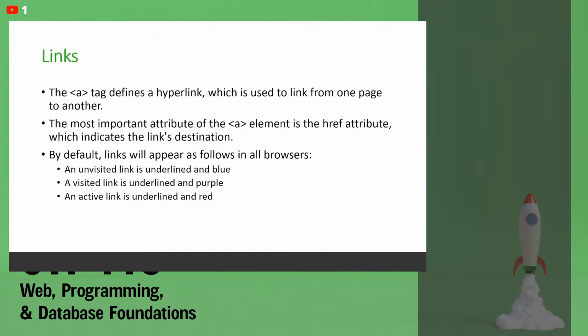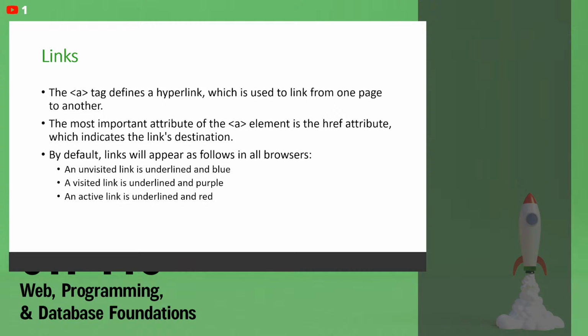So what is a link? In HTML, we use our A tag, which is an anchor tag. A stands for anchor. And this tag defines a hyperlink, which is used to link from one page to another, right? So there are different types of links. There are internal links and there are external links.